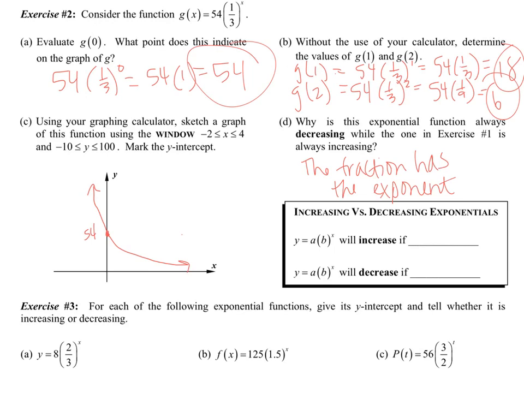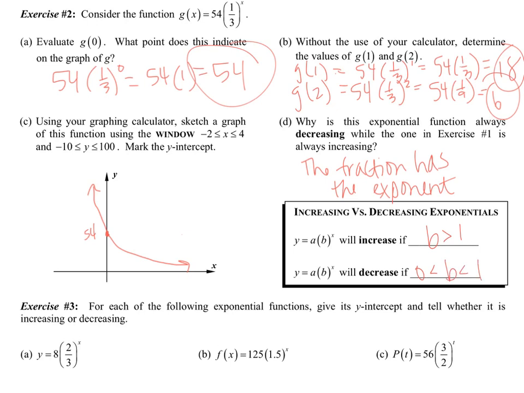So, increasing versus decreasing exponentials. The function y equals a times b to the x power will increase if b is more than 1. And it will decrease if b is in between 0 and 1.